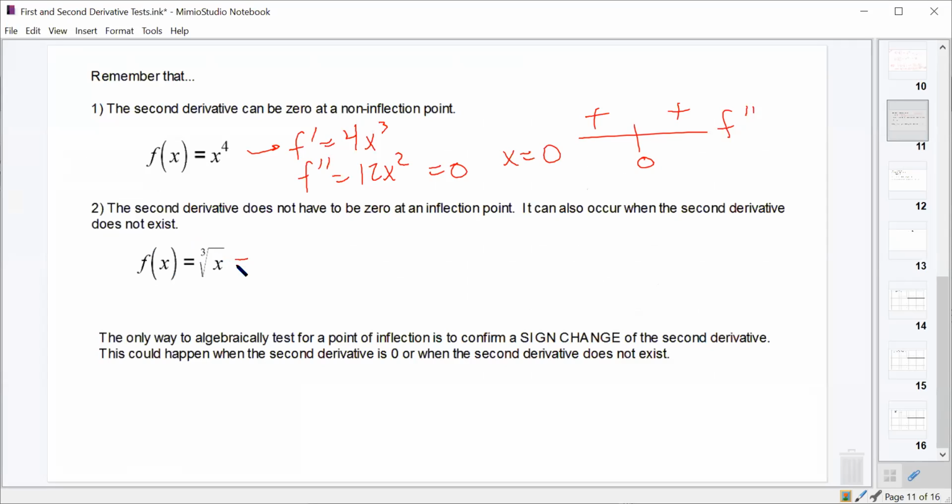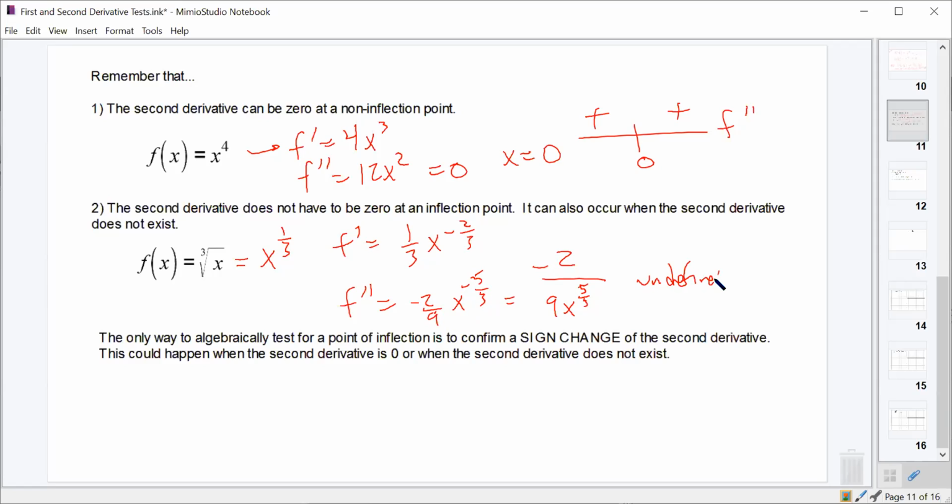So if we're looking at f of x equals the cube root of x, like x to the 1/3, then f prime would be 1/3 x to the -2/3, and f double prime would be -2/9 x to the -5/3, or -2 over 9x to the 5/3, which is undefined at x equals 0.